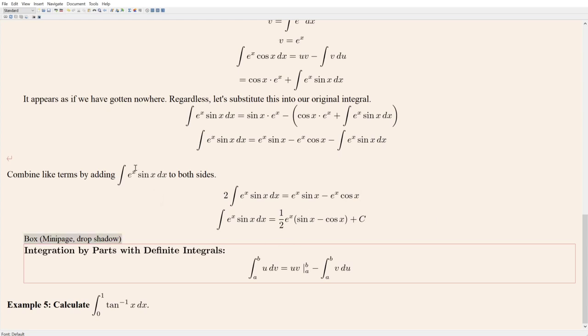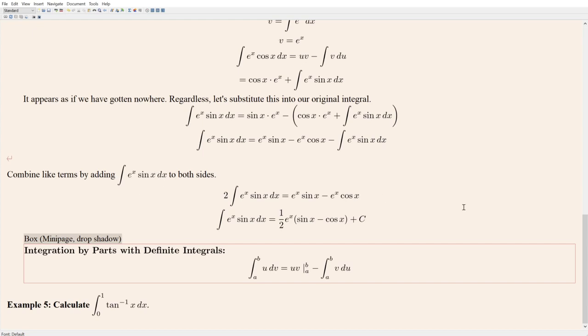And every time you see an exponential function and a trig function right next to each other, you're going to have to use some sort of strategy like this. Because the thing with trig functions really is that if you continually differentiate or anti-differentiate them, you're just going to end up going in a circle. At least for the sines and cosines. For tangents and secants, they sort of explode out of control.